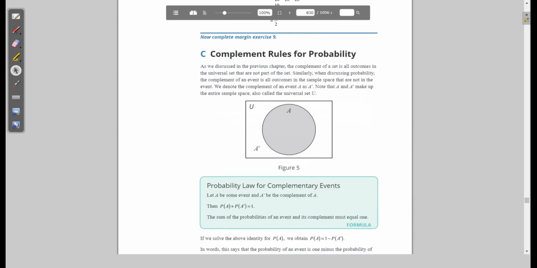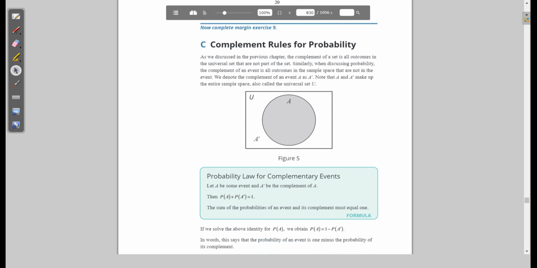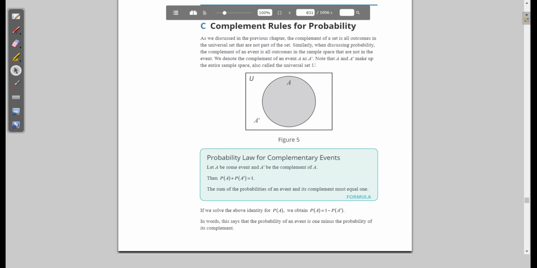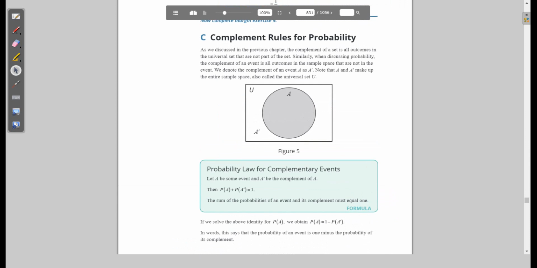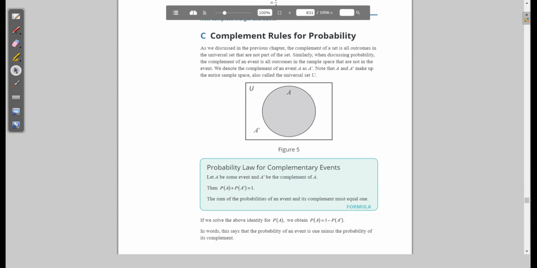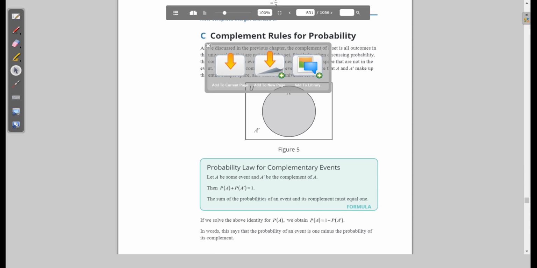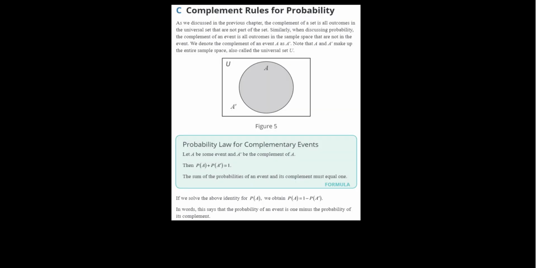Next we're going to talk about the complementary rules. Complement basically means what's left, what's on the outside. You might have heard about it in your high school geometry class.